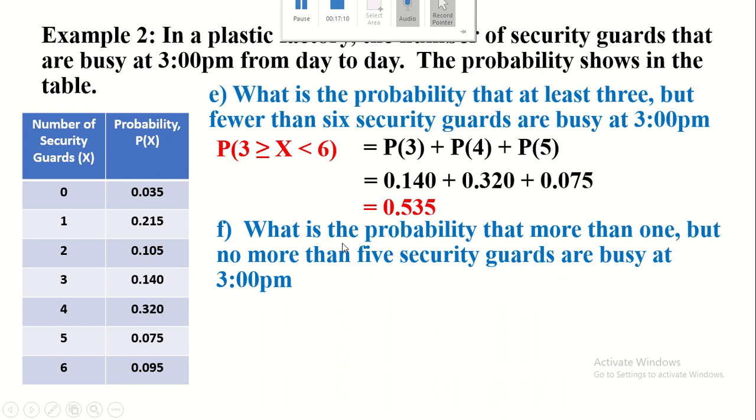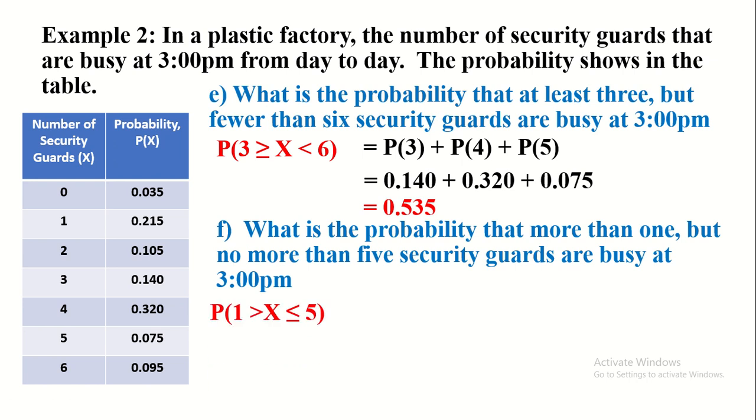Letter F. What is the probability that more than 1 but no more than 5 security guards are busy at 3 p.m.? Ano daw yung probability? Pag sinabing more than, that is greater than sign or inequality symbol. Pag sinabing no more than, that is less than or equal to. Yan.